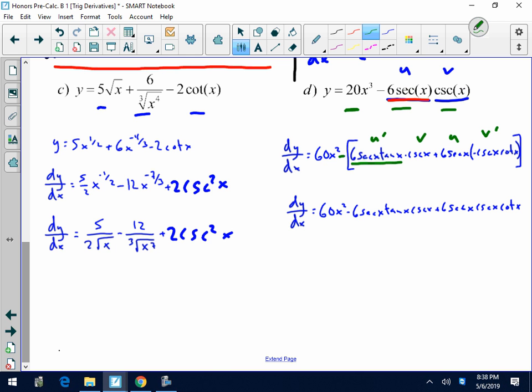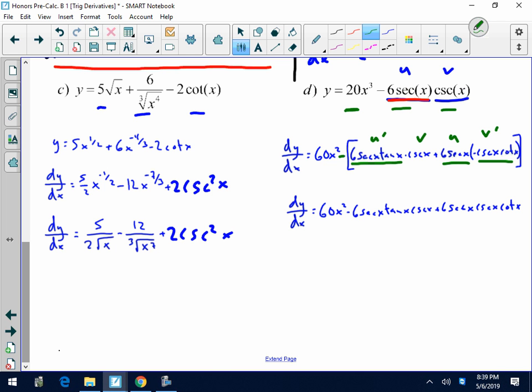So I multiplied my negative cosecant x cotan x times my 6 secant x, and then I distributed the negative through. So that gave me 60x squared minus 6 secant x tan x cosecant x plus 6 secant x cosecant x cotan x.